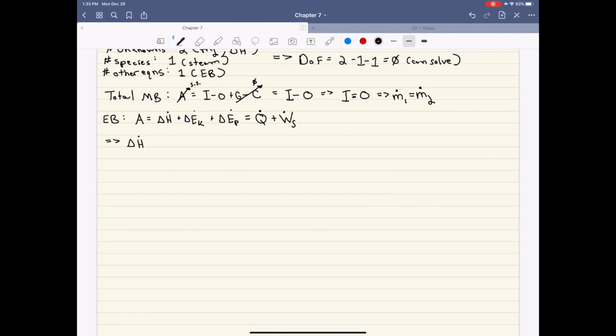And just to emphasize, because I may have made it unclear before, this delta H is going to be equal to our H2 minus H1, which, if I write it in terms of the specific enthalpies, will be this.